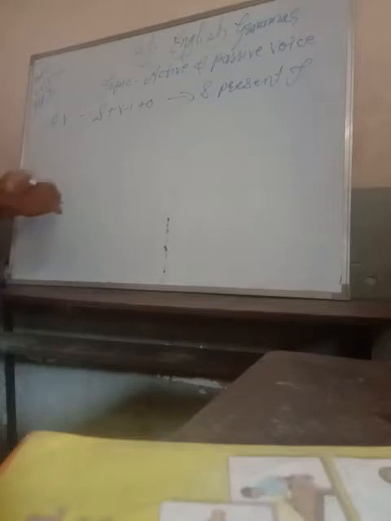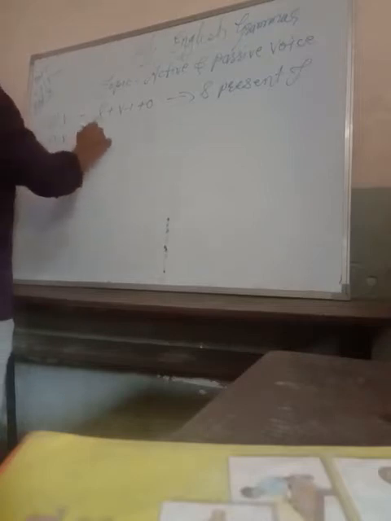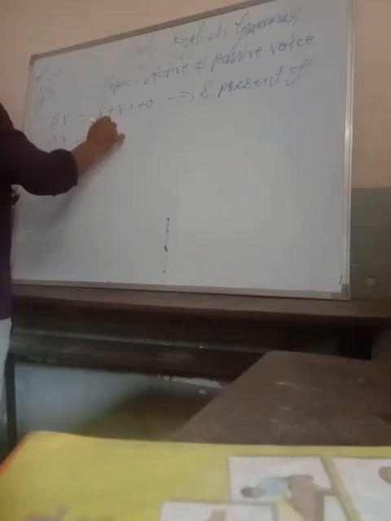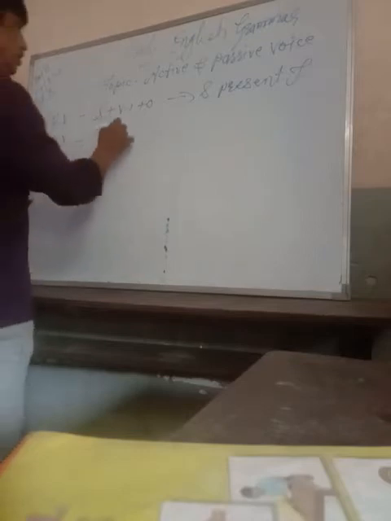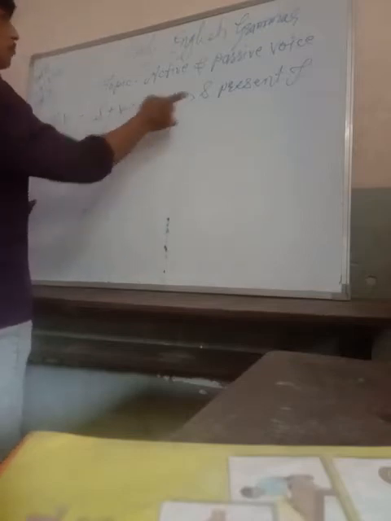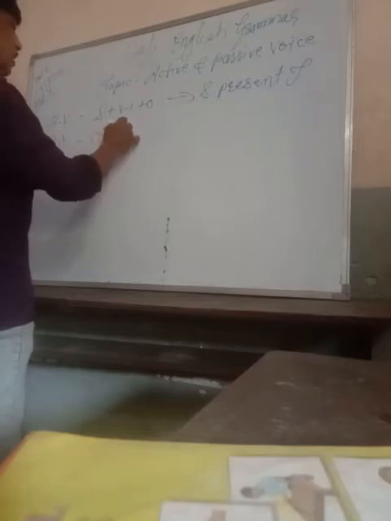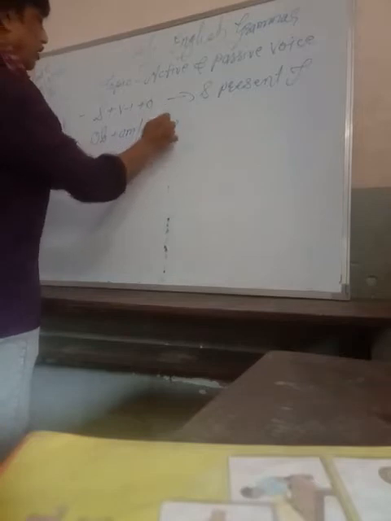Now if this one is to be changed into passive voice, PV for passive voice, what comes first? Object comes first, plus to be form. The to be forms of simple present tense are am, is, and are.